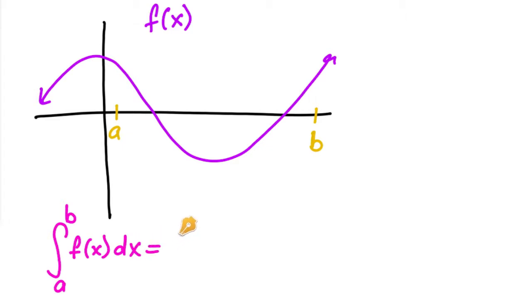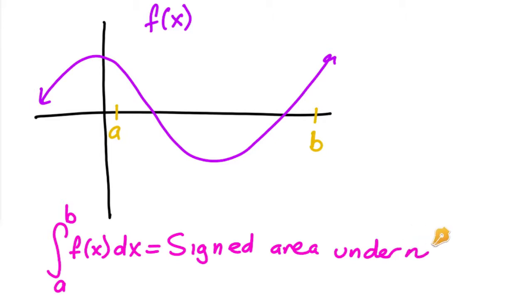This is going to equal what's called the signed area underneath f of x. By signed area, what we mean is, if you remember back to the Riemann sums, to find the area underneath the curve you do your rectangle thing and take that to infinity.